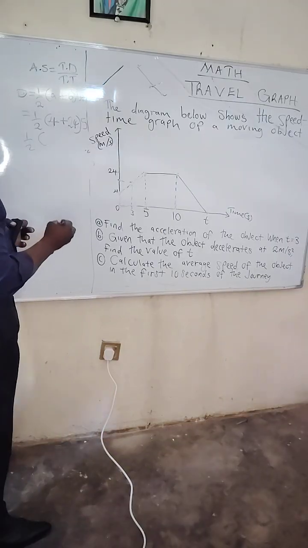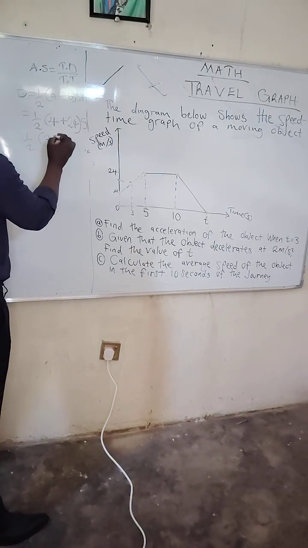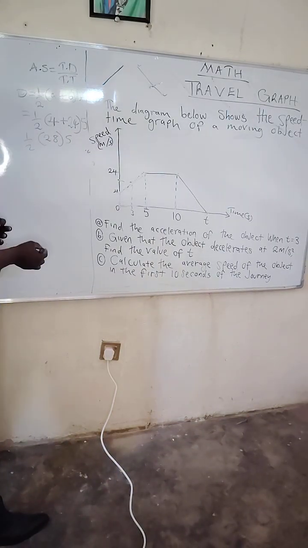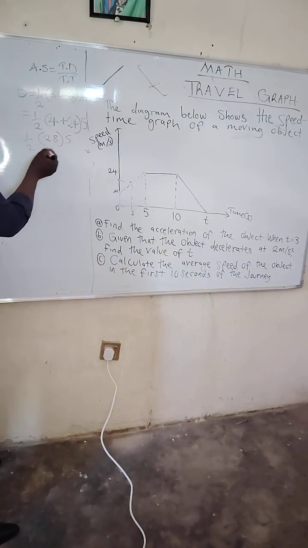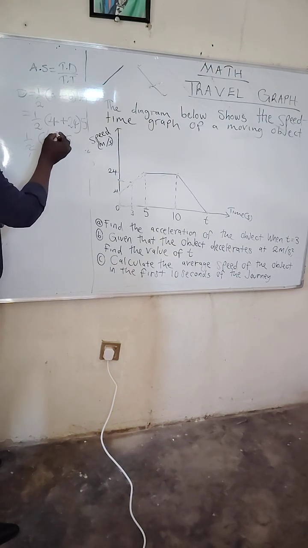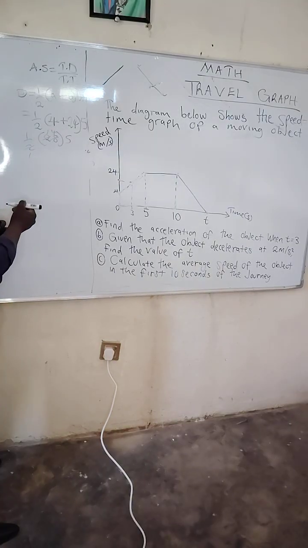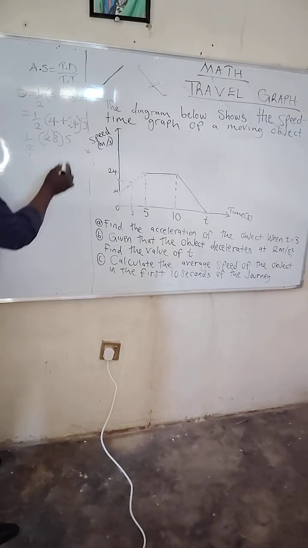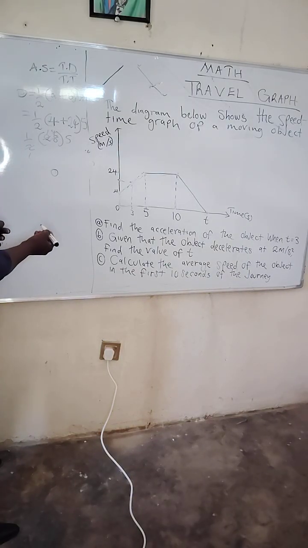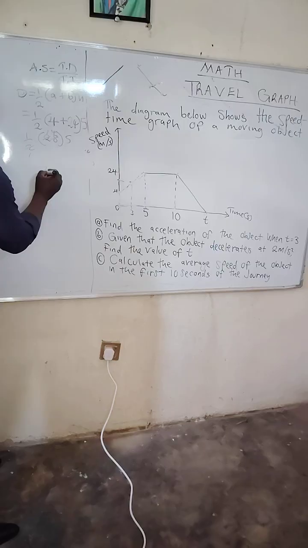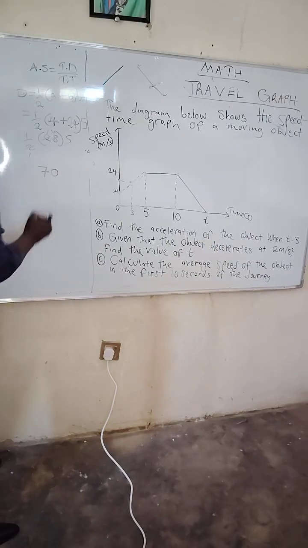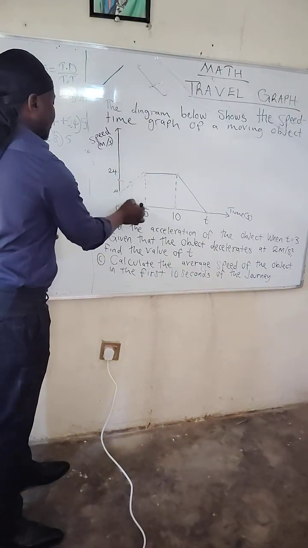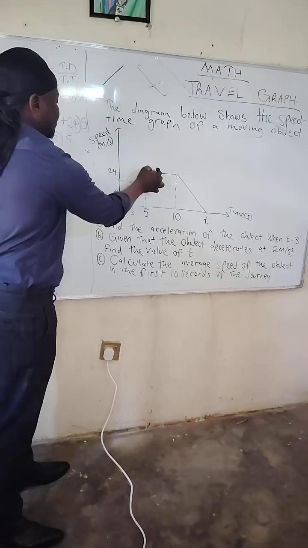So 4 plus 24, you have 28. Then you can now divide after adding. So 2 into 28, 14. Then 5 times 4, 20. You write 0, you add 2. 5 times 1, 5, plus 2, 70. So keep 70 here. That's the distance, just for this.